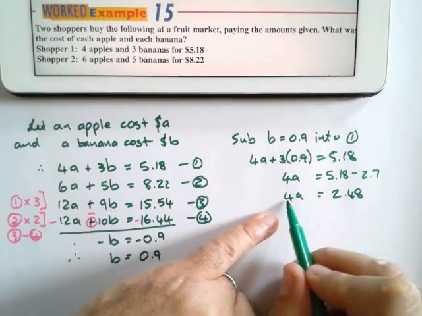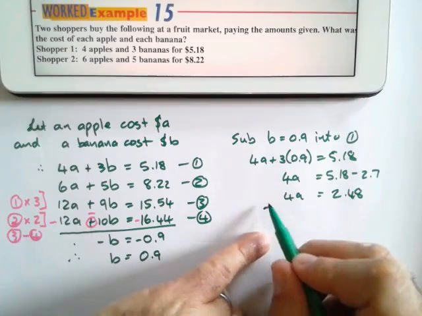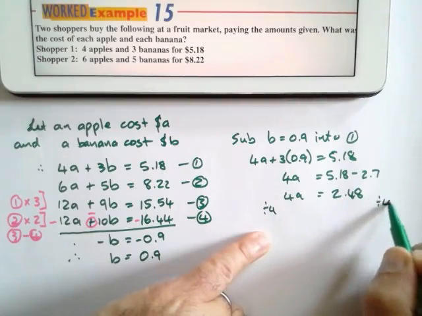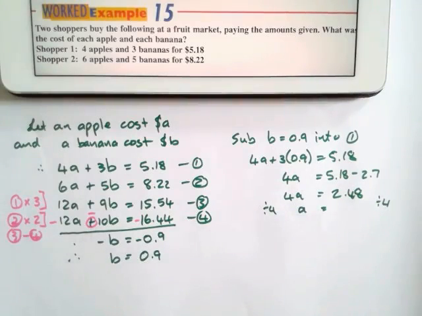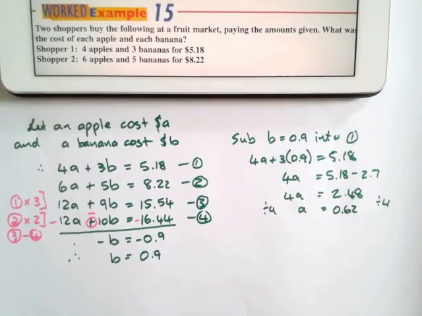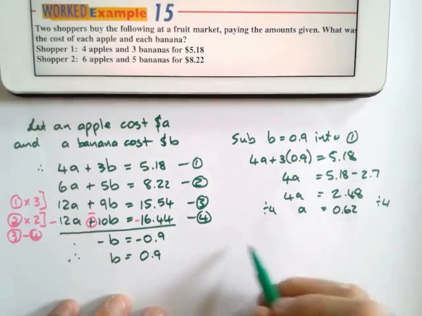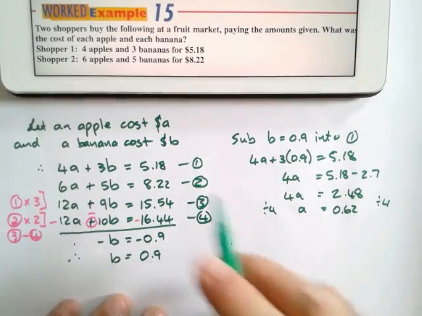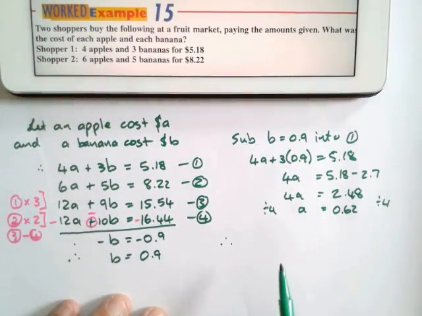To get rid of 4, I'm going to divide both sides by 4. So A equals 0.62 dollars.